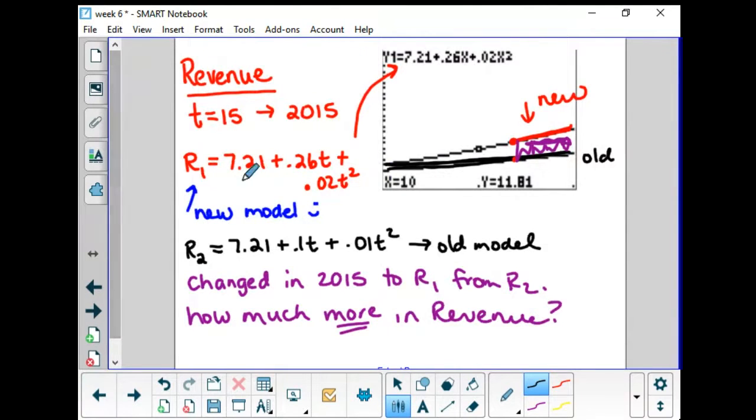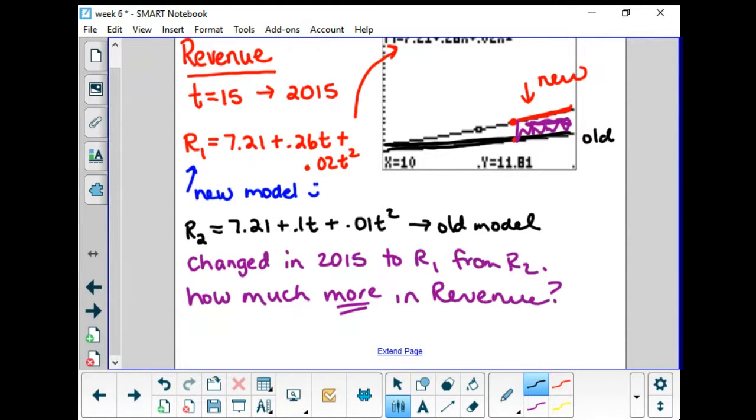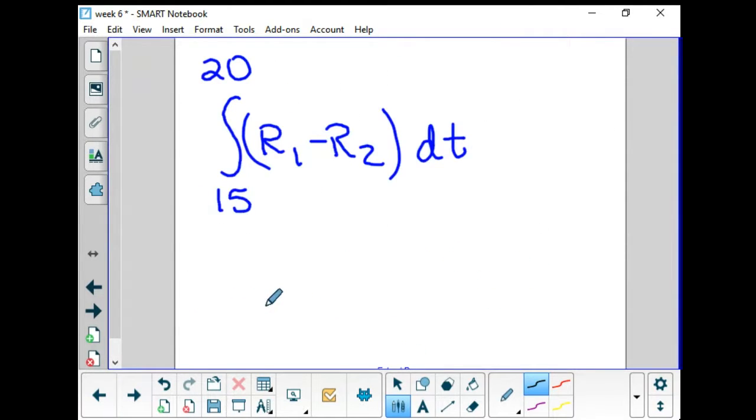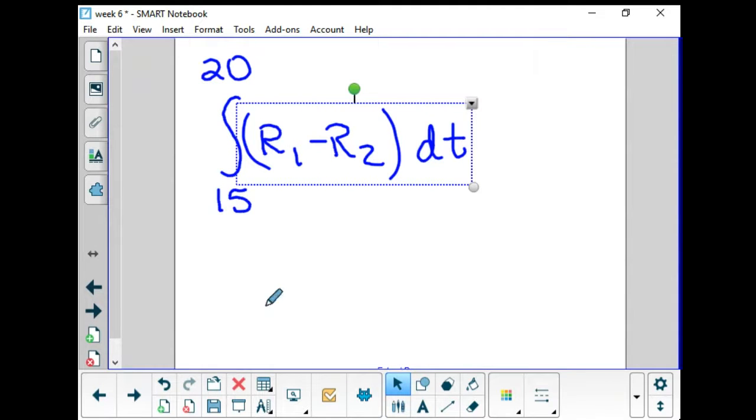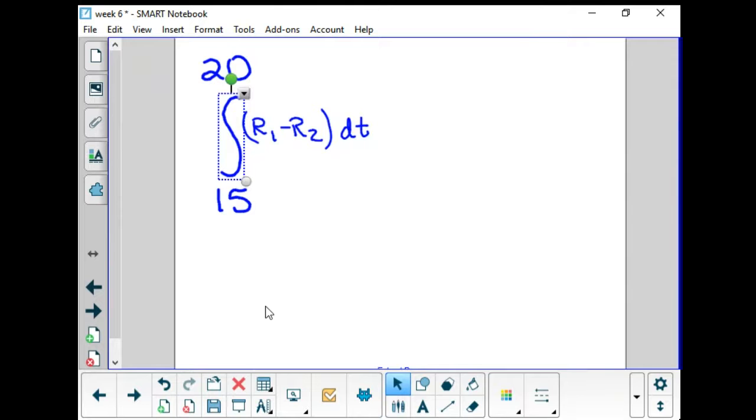But so I'm going to take this function minus this function. So that means, I want to make this a little smaller. Oops. Everything's like ginormous. Okay, quit fooling around.